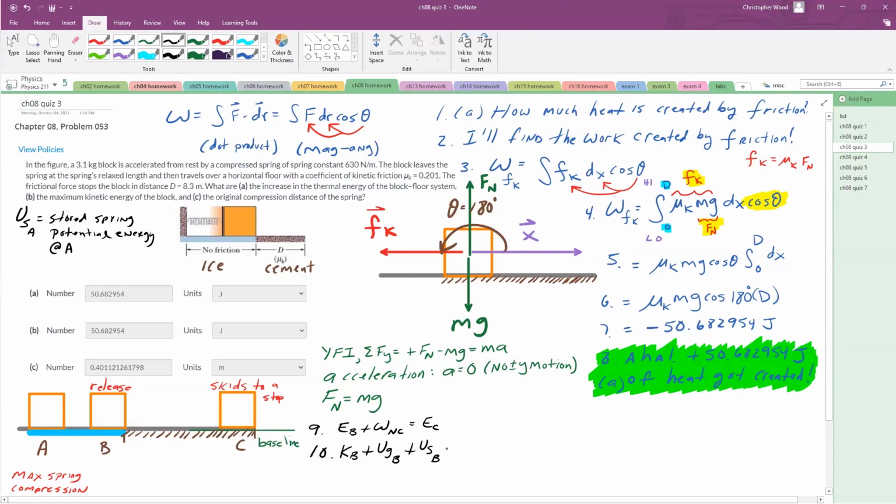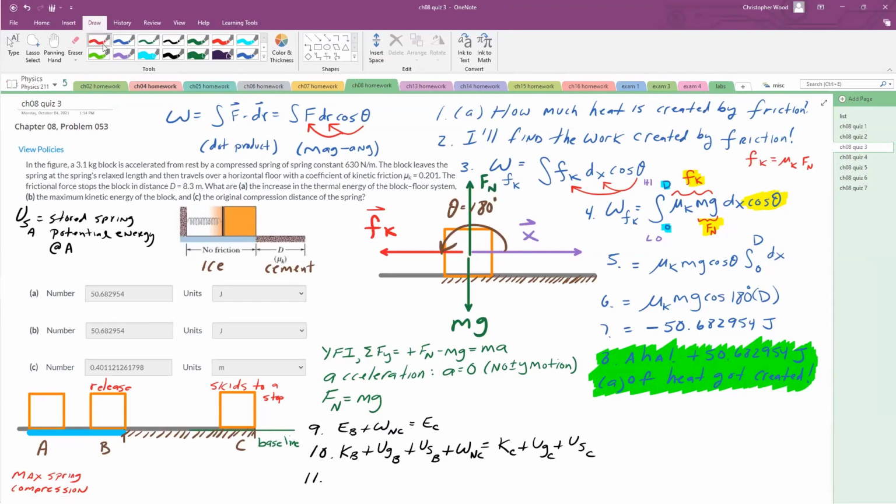Plus W_NC, which is not going to be equal to 0. That's the friction. And then at C, I might have some kinetic energy, some gravitational potential energy, some elastic potential energy. Let's talk about the low-hanging fruit.